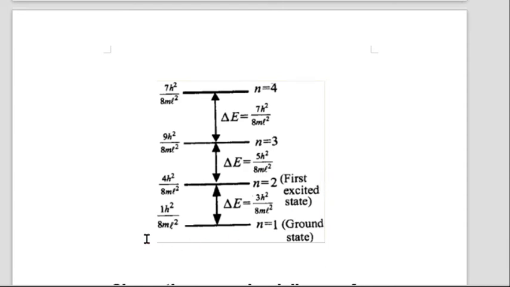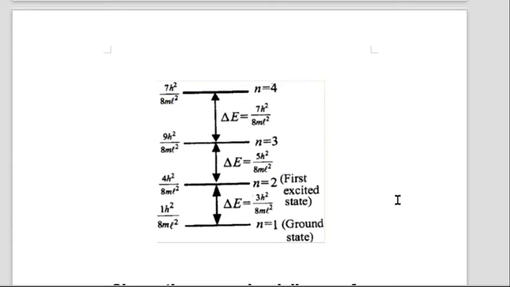For n equals 1, it is h square by 8 ml square. n is equal to 2, it will be 4h square by 8 ml square. n is equal to 3, it is 9h square by 8 ml square. n is equal to 4, it will be 16h square by 8 ml square. It is not 7, it is 16h square by 8 ml square. There is a correction in the diagram.